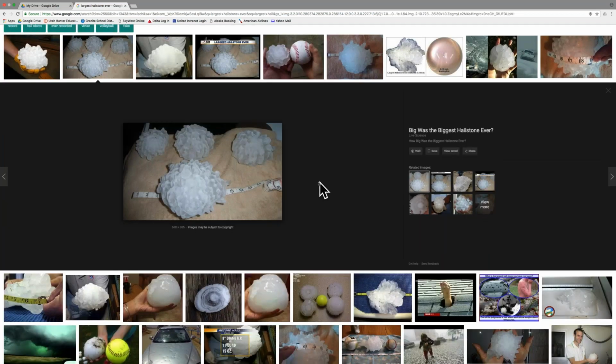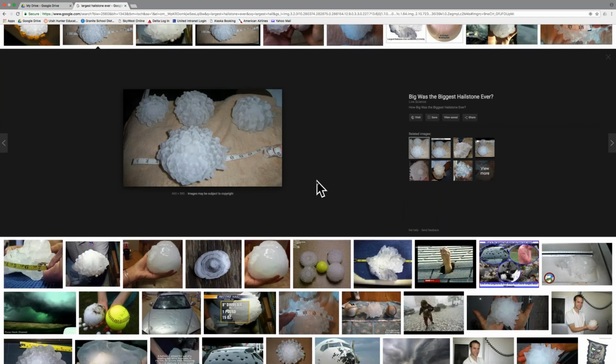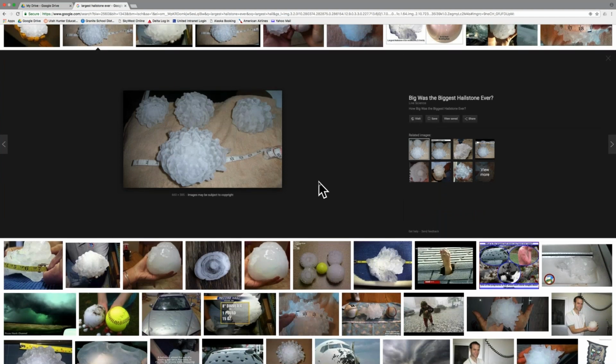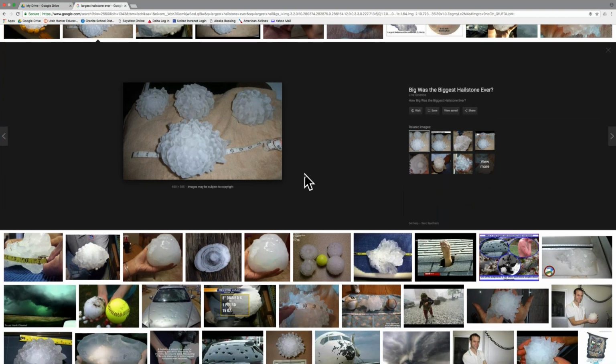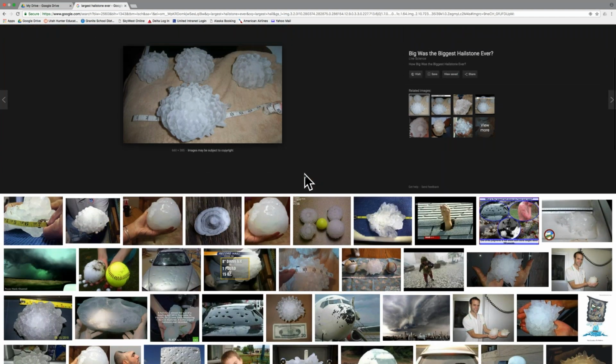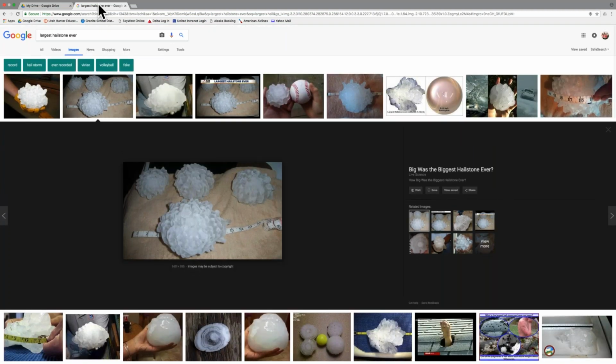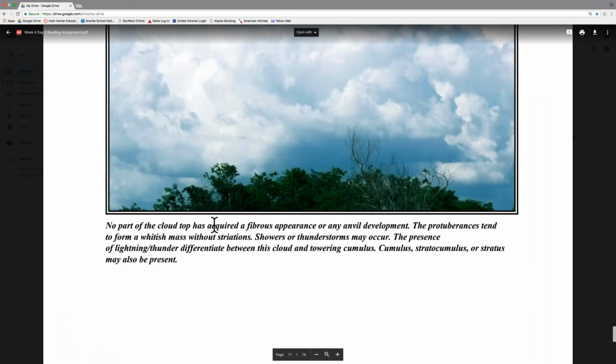Could you imagine that hitting your car? That would suck. Anyways.